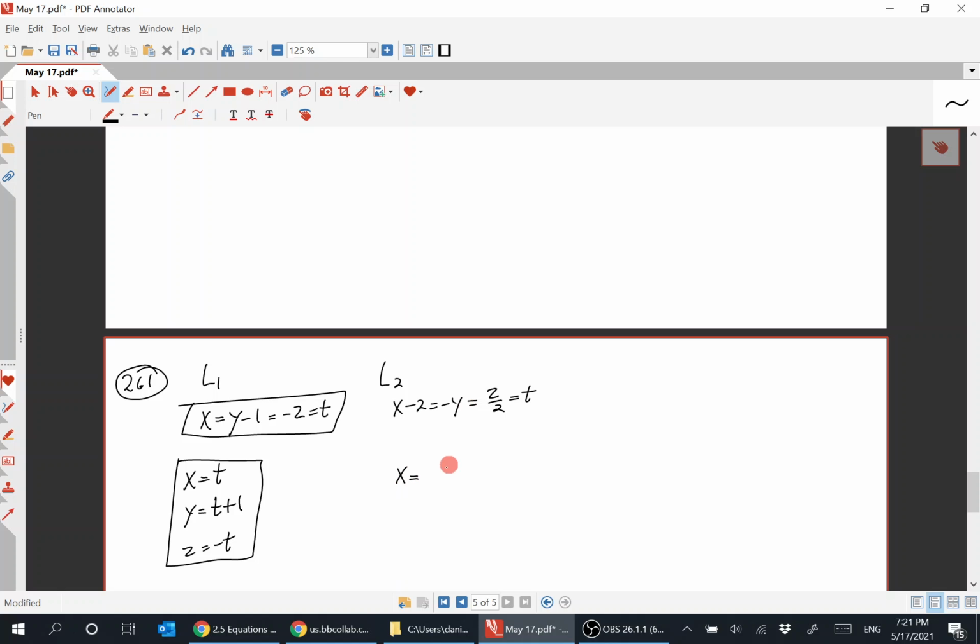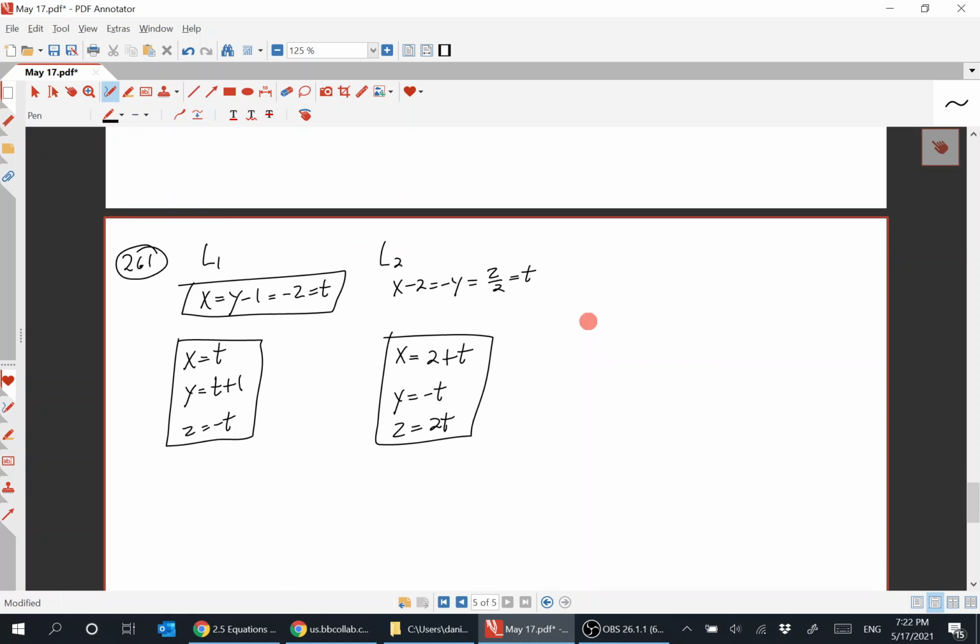So here, x is 2 plus t, y equals minus t, and z equals 2t. So that's L1, that's L2. The slope here is 1, negative 1, 2. You can't read the slope off of that.